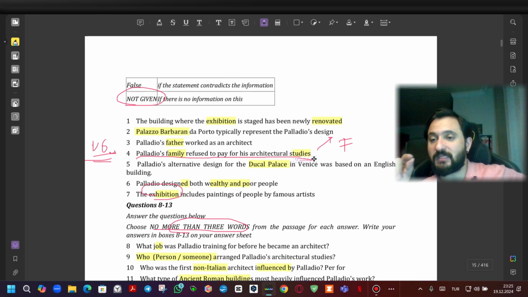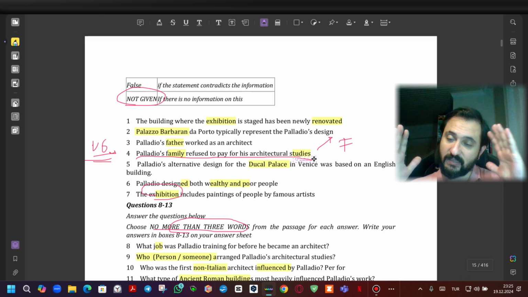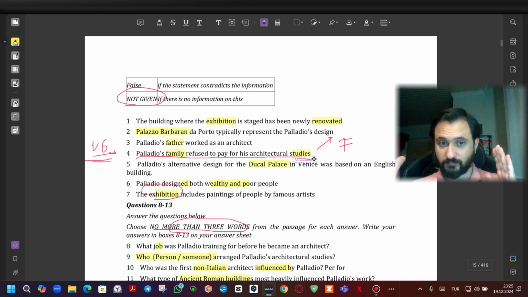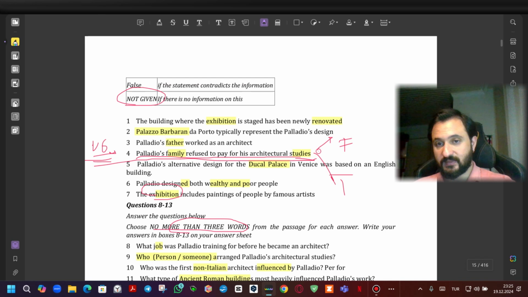Palladio's family supported, encouraged, motivated, begged Palladio for his architectural studies, supported Palladio financially. Okay, I need to find exactly that they are supporting or they are paying for it. If the statement is true, directly you need to find this sentence or a little bit different.